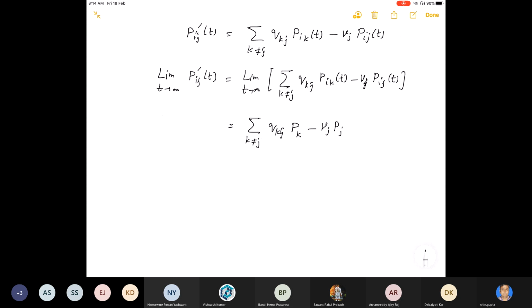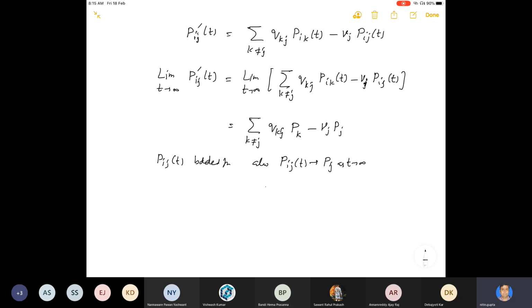Now, we know that Pij(t) is a bounded function. Probabilities are between 0 and 1. Also, Pij(t) is converging to Pj as t goes to infinity.